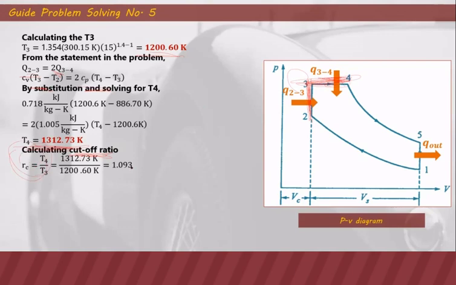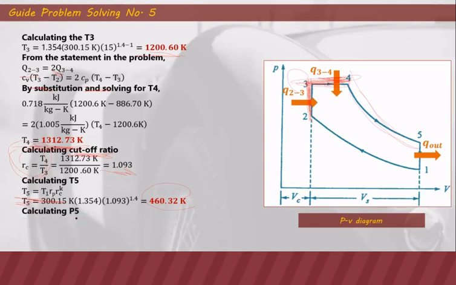That's why we have a cutoff ratio of 1.093. Now, since we already have the cutoff ratio, we can calculate T5 using this formula. Since we already have pressure ratio and cutoff ratio, then just simply plug in and we can get the temperature at point 5. So that is 460.52 Kelvin. That is the temperature after expansion, isentropic expansion.